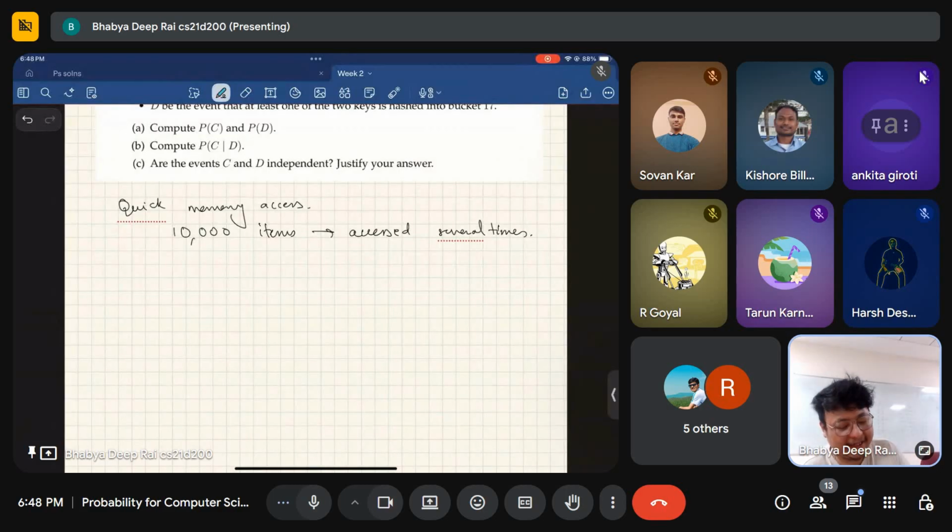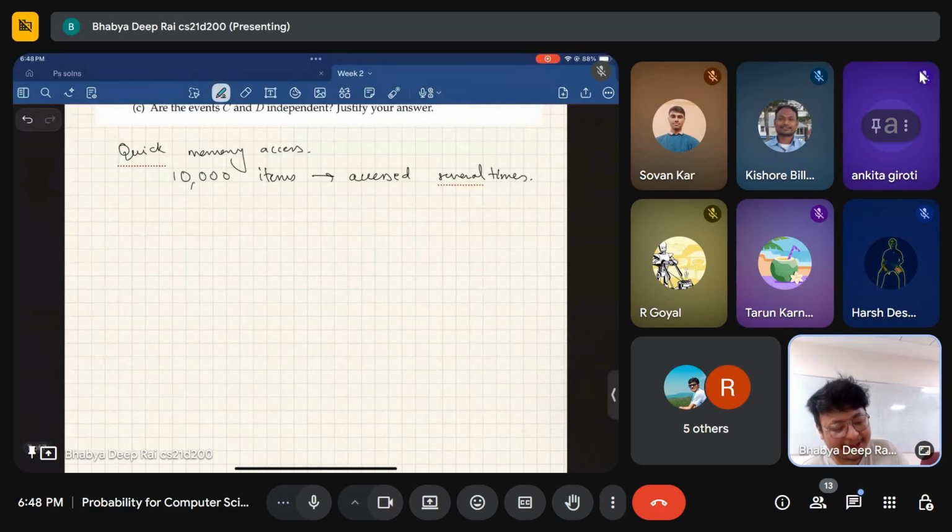Okay, and what can you do? Let's say you take the 10,000 slots, 1, 2, 3, 4 and so on till 10,000.